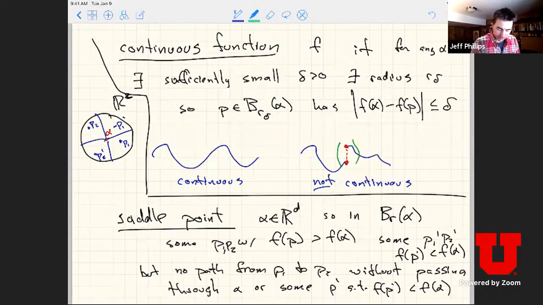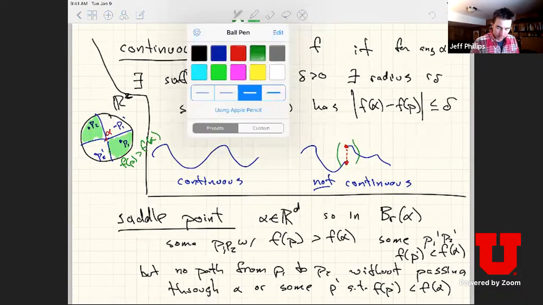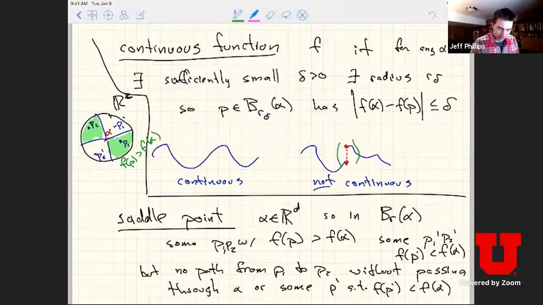All of the points near P1 and P2 are going to have f(p) greater than f(alpha). Then I'm also going to draw these regions around P1 prime and P2 prime, and these are going to have f(p prime) less than f(alpha).